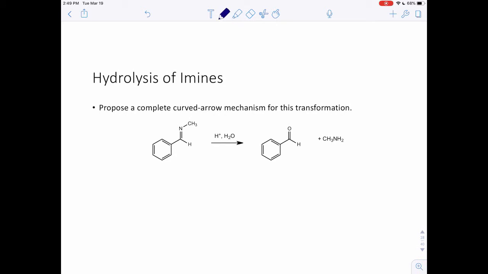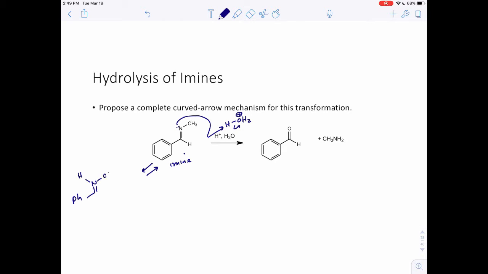So let's try. The first thing we're going to do is protonate the imine, and we're going to use hydronium as the acid. That will generate an iminium ion.